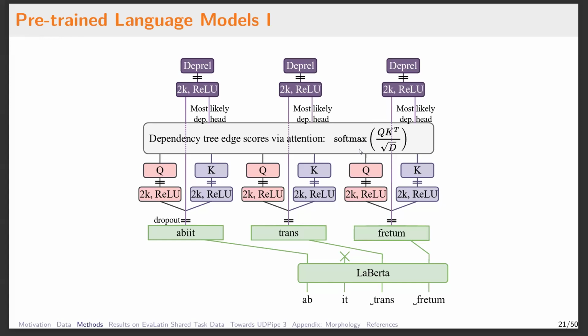I think it was Abit, trans, and Fretum got split into two subwords. Then we get the same word embeddings, but they can get concatenated, that means appended. So we would have another addition of contextualized word embeddings from a different model. We concatenate the models and we concatenate their outputs.